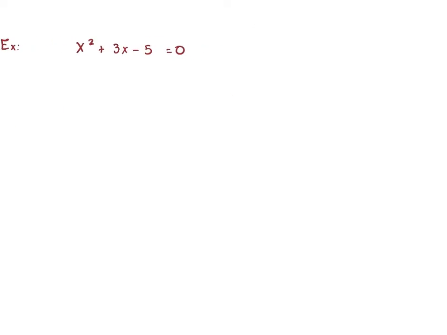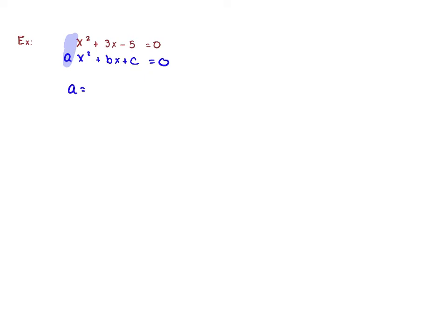So here we go. Here's our first equation. It's quadratic and it's in standard form: ax squared plus bx plus c equals 0. And what you want to do first, you want to identify your a, b, and c. So a equals whatever's in front of the x squared.